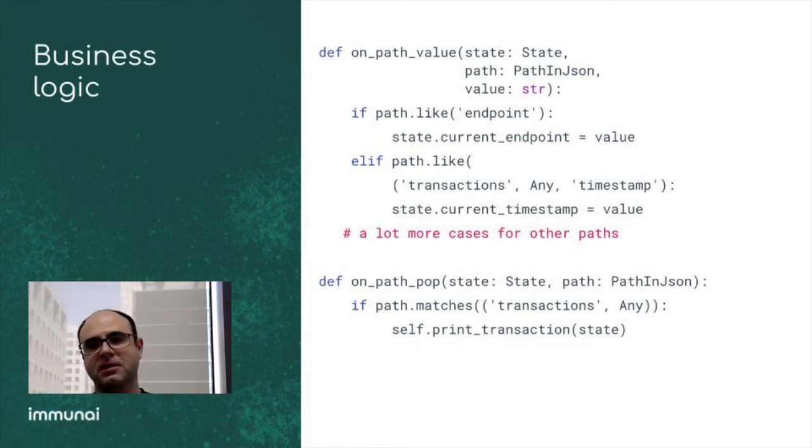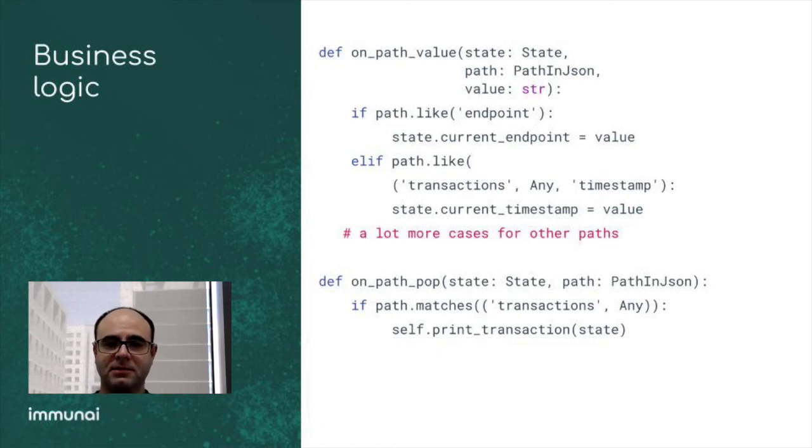So for example, we could be seeing the key endpoint. So we know now that the value that we're seeing is the current endpoint. So we store that. Or it could be that the path is transactions, anything, and timestamp. So we know that we need to store the current timestamp in the state. So that's one part of it.